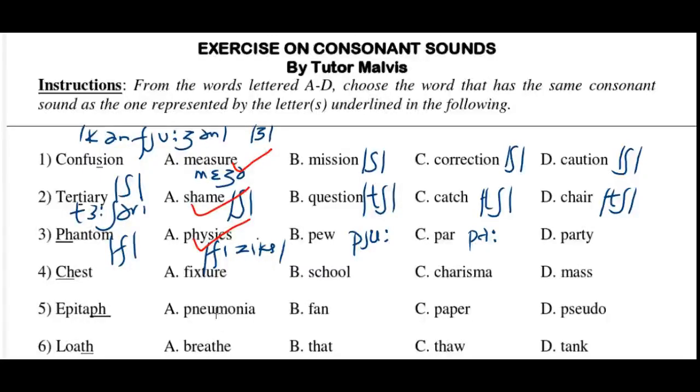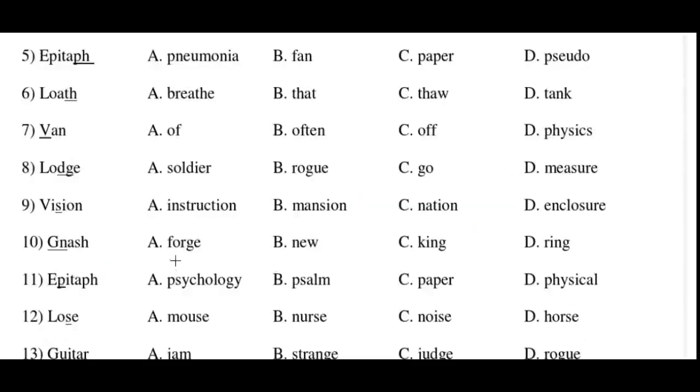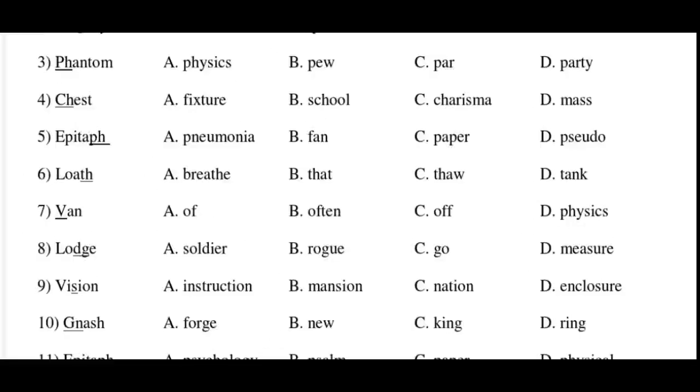Then number 4, we have the word chest. Let's transcribe that word and see. It is transcribed as ch. So the underlined sound is ch, and that is what we need to fish out.